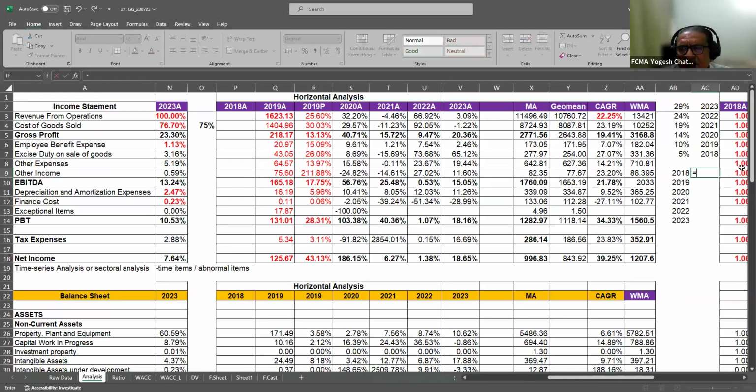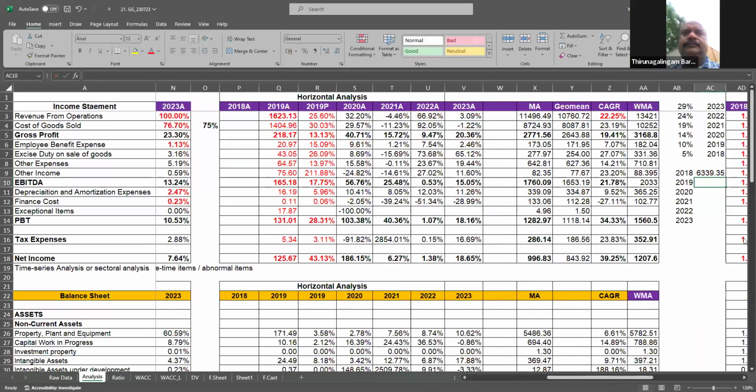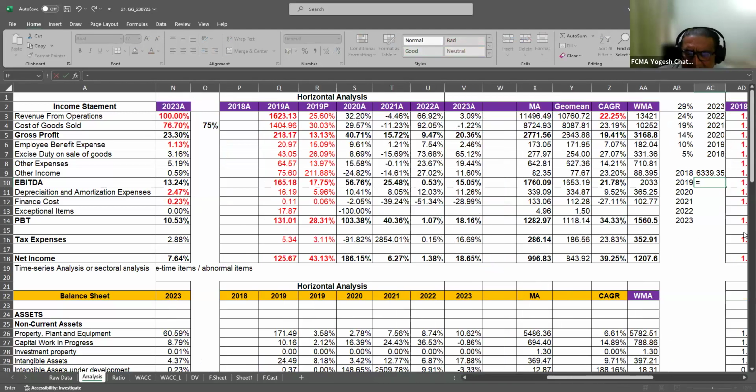And what I'm doing here, I am taking 2018, and in the next year, that is 2019, that is the previous year multiplied by the compounded average growth rate.